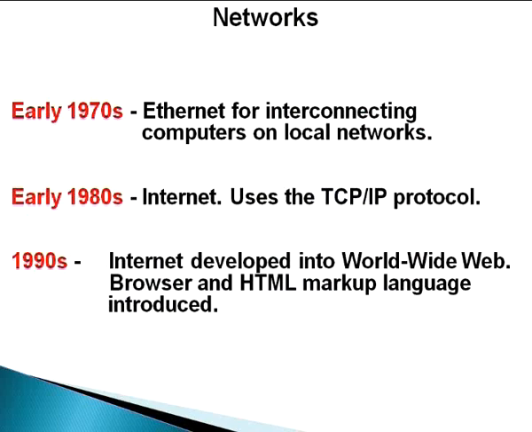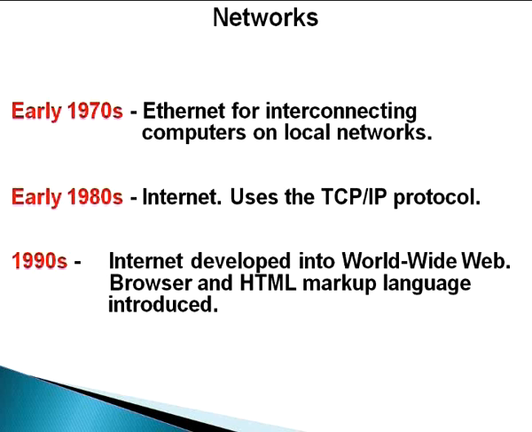Now, in the early 70s, Ethernet came for interconnecting computers on the network. Already you may be aware that in the 90s when the internet had come, it used the TCP/IP protocol. In the 90s, the internet developed into the World Wide Web, that we call WWW.